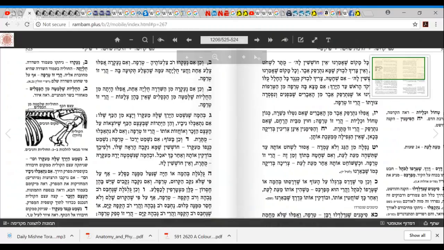Ligaments connect between bone to bone. So if those ligaments were deteriorated, then this is a tarifa. But if not, then the animal is permitted.